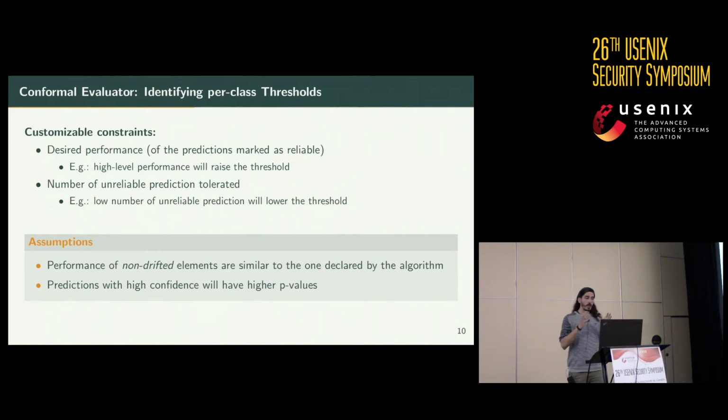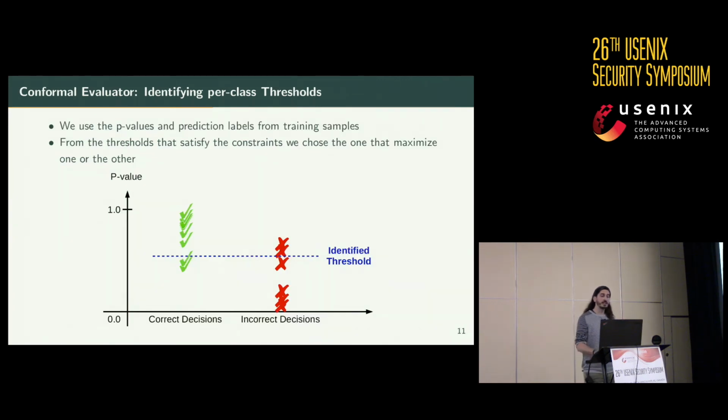And we assume in this case that the performance of non-drifted elements will be similar to the one declared by the algorithm, and the predictions that are made with high confidence by the classifier also have high p-values. So once we have defined the constraints for identifying the threshold, we can compute the threshold. How do we do that?